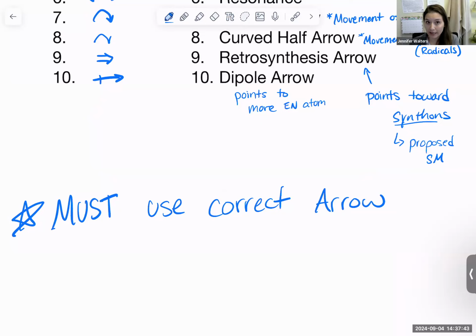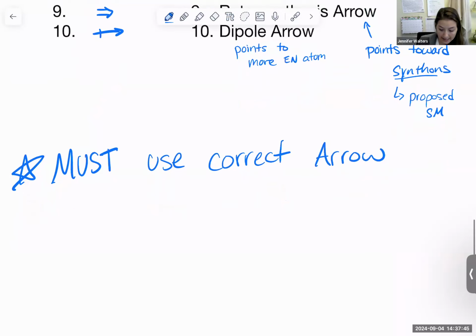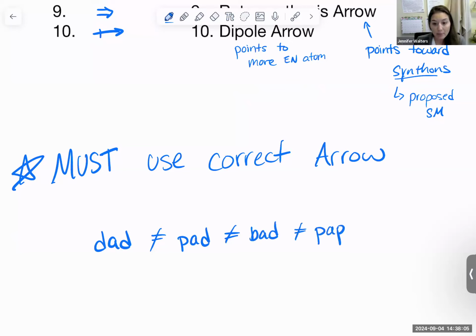This is our alphabet. So it's just the same thing as if I had written that word. That is the word dad. That is not the same thing as had, which is not the same thing as bad, which is not the same thing as pap.